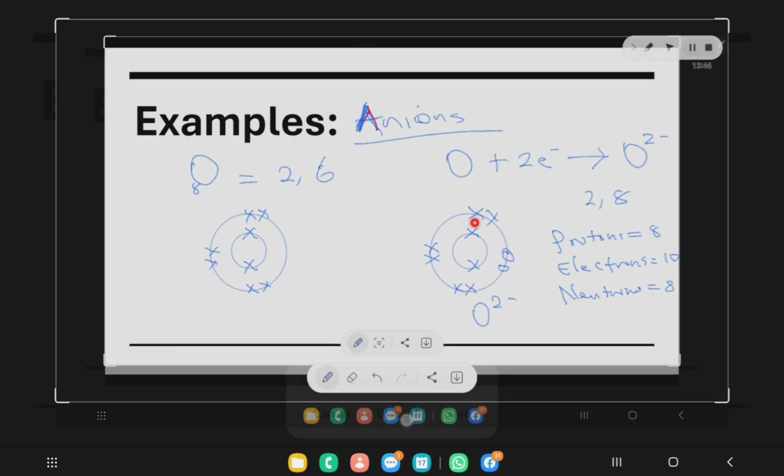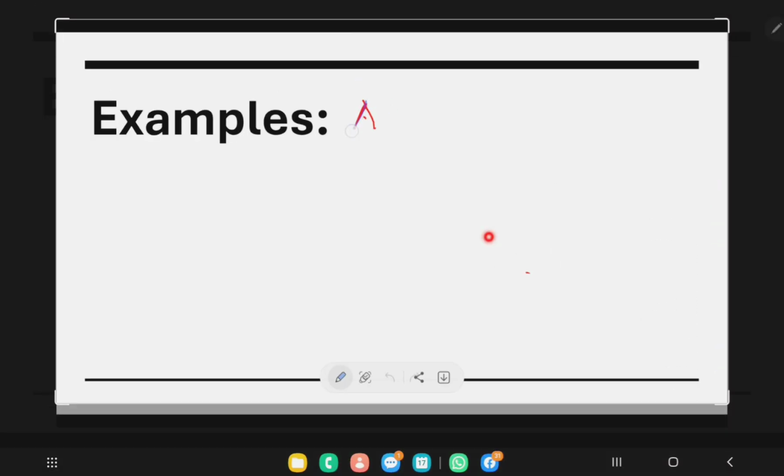Let's look at another example of anion formation. We have fluorine, F, with atomic number 9. The structure is 2, 7. It will gain 1 electron to complete the valence shell to become 8. So fluorine needs 1 extra electron to form the octet configuration.